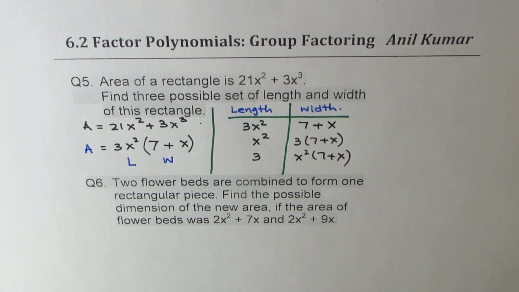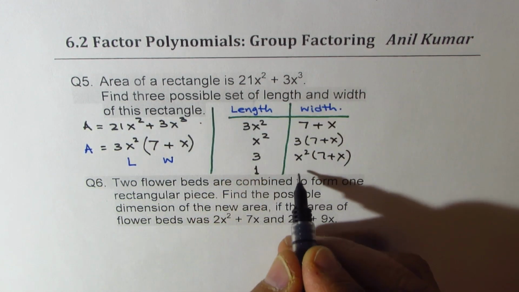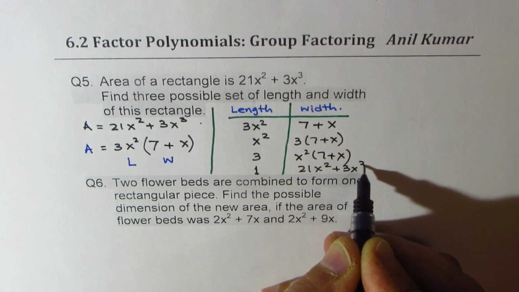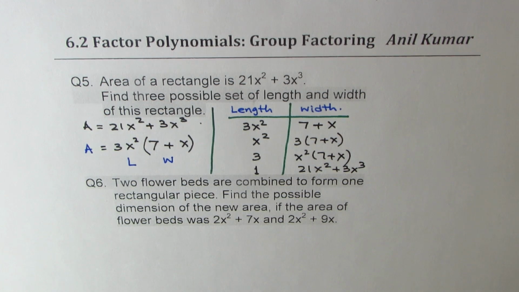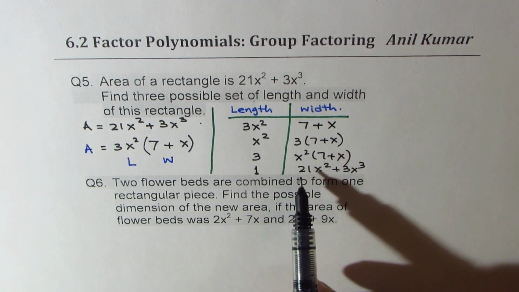Correct? If you're not able to factor, you could also write one dimension as 1 times the whole expression, which is 21x squared plus 3x cubed. That is also a possible combination. Length could be 1 unit and the width could be everything else.